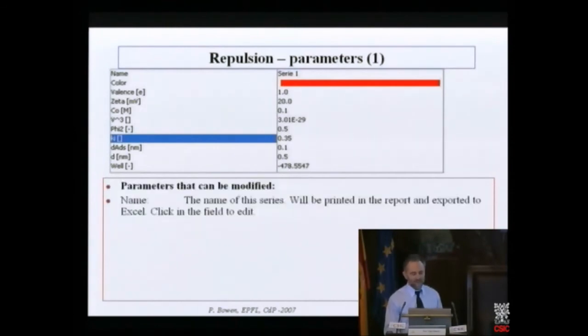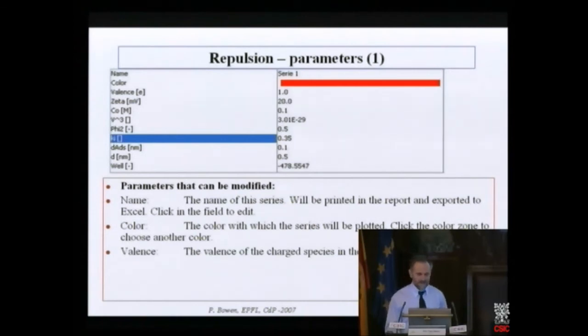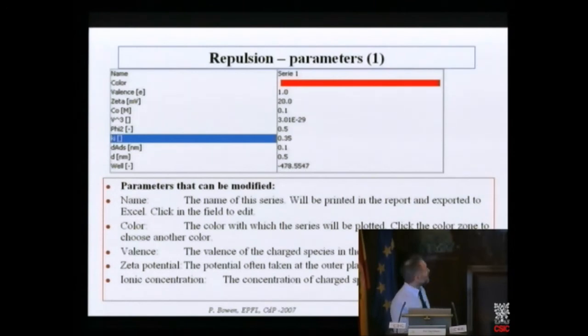The parameters that can be modified, like I said, you have the name of the series, etc. The color of the plot, the valence of the species in solution, we have the zeta potential, the ionic concentration of our medium, we have the molecular volume of the solvent, which is normally water, then you don't have to change it.